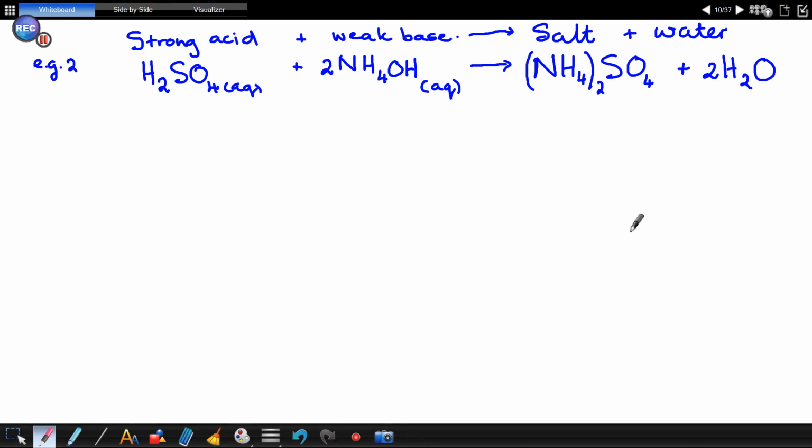Is it still going to stay NH4SO4? Yep, it will still stay there. Alright, next period we'll start here and look at the neutralization of this.